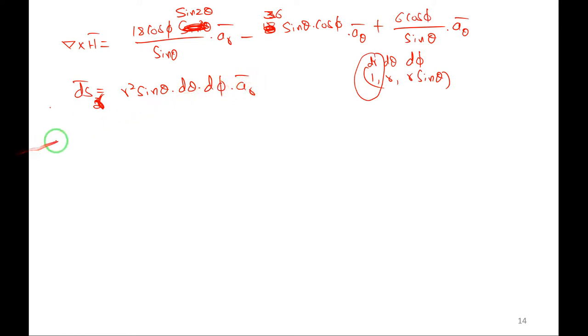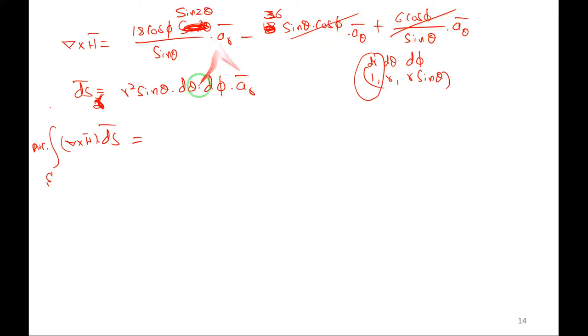Okay, next RHS, we will write the RHS, closed surface integral of del cross h into ds. What is this ds? It is ar. So del cross h, this is entire del cross h, then I have to take the dot product with ds. So if I take the dot product, observe here, ar dot ar, it will be 1, ar dot a theta will vanish, means these two terms will vanish, right? Don't cancel it, just I'm telling.